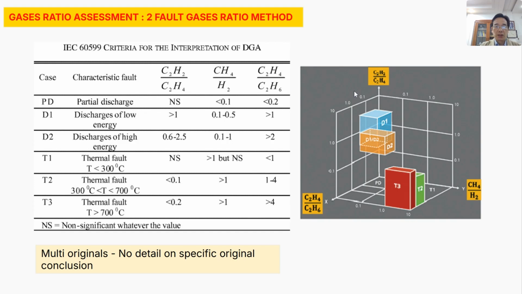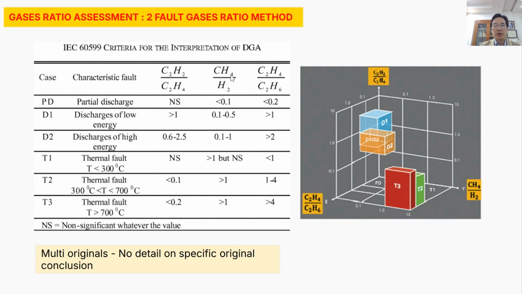Then we plot the ratios into a 3D coordinate system. In the 3D space, in the standard, we have some cubicles defined.